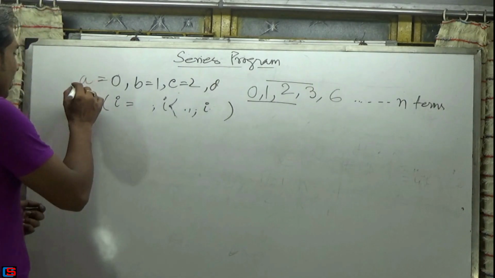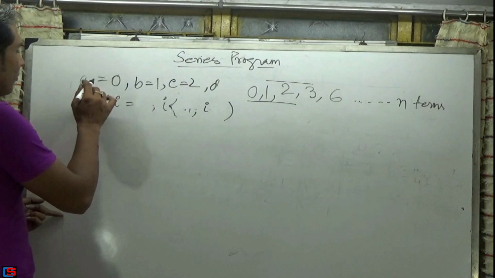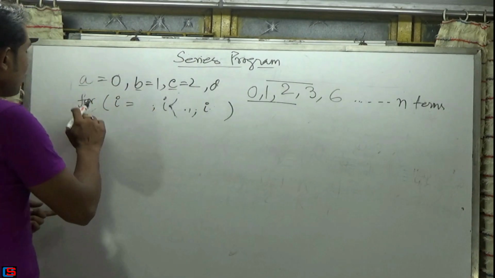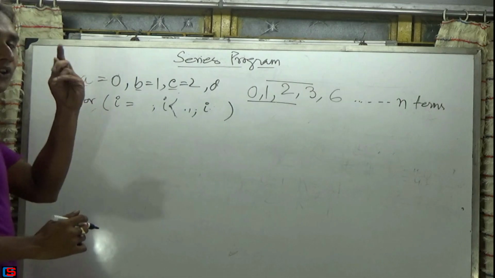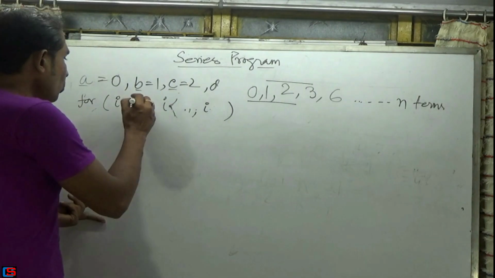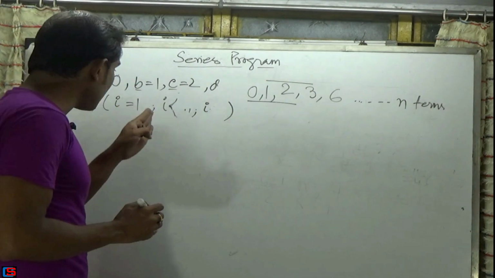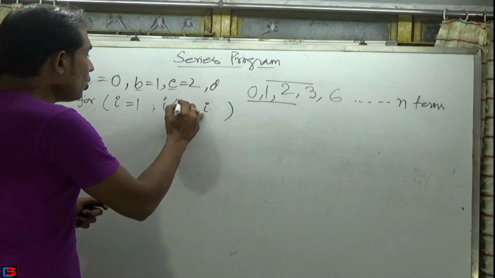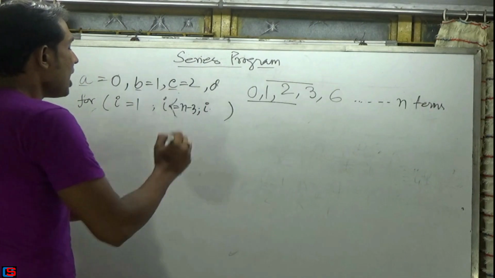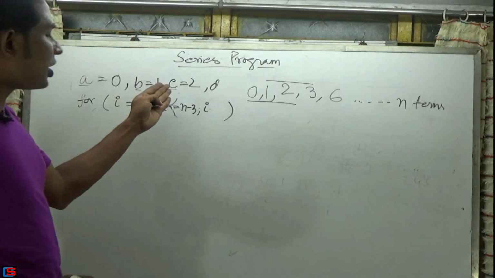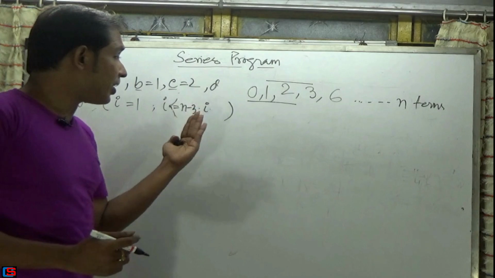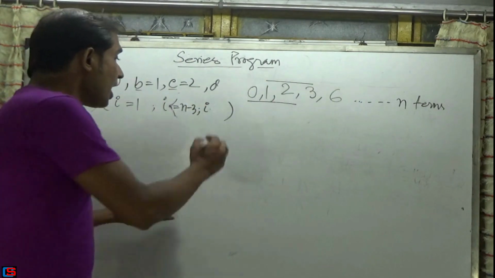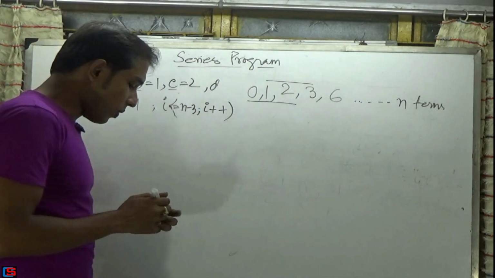You can print the values of a, b, c before starting the loop. So the three values are already printed, and then the loop will start. If the loop starts from 1, then the loop will execute up to n minus 3 terms, as three values are already printed before starting the loop, and the loop will increase by 1.